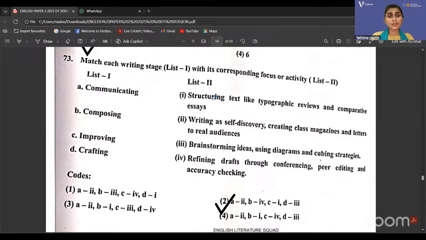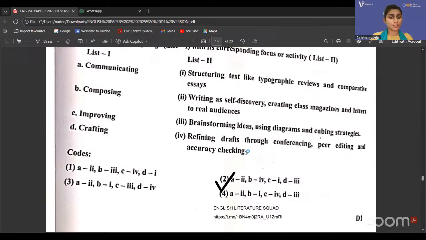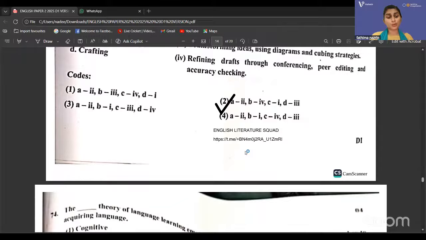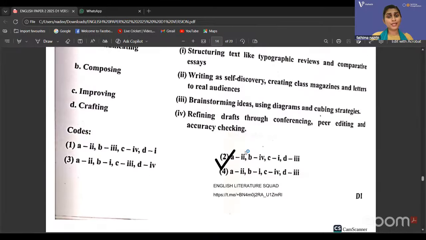And B1, so composing, structuring text like typographic reviews and comparative essays. And C is improving, is linked to refining drafts through conferencing, peer editing, and accuracy checking. Okay, now D3, brainstorming, crafting is associated with brainstorming ideas, using diagrams, and cubing strategies. Okay, so that would be the option. The right option would be option number 4 for 73rd question.